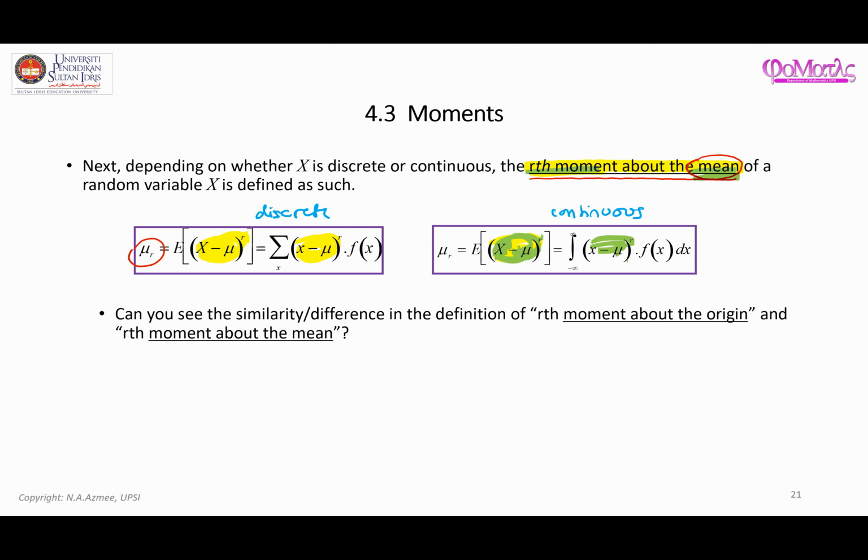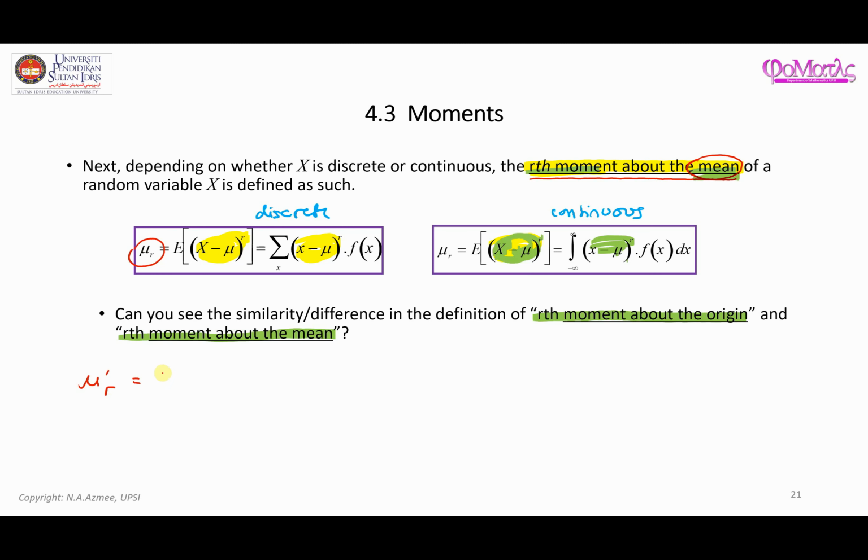Well, I hope you can see the similarity between the definition of the rth moment about the origin and the rth moment about the mean. So when you look at the definition of the rth moment about the origin, the definition is as such: mu prime r.